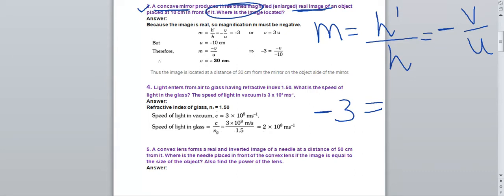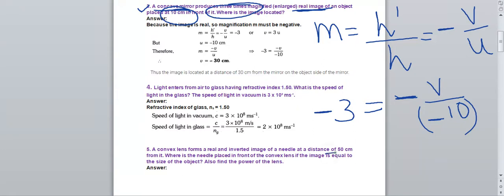Image distance we don't know, but we know the object distance. It is 10 centimeter. And what I have told you, whether it is a lens or a mirror, we have to take u as negative. So we'll take it as minus 10. Now the minus minus sign will be cancelled out.